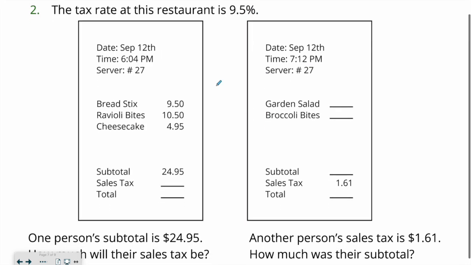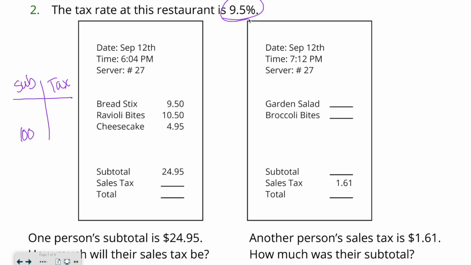So we're at this restaurant. The tax rate is 9.5%. We know the subtotal is $24.95. So we have the subtotal and we have this tax. Subtotal is 100%. We're just finding the sales tax, not the total. So we're going to use the 9.5%, making our k value 9.5 divided by 100, or 0.095.